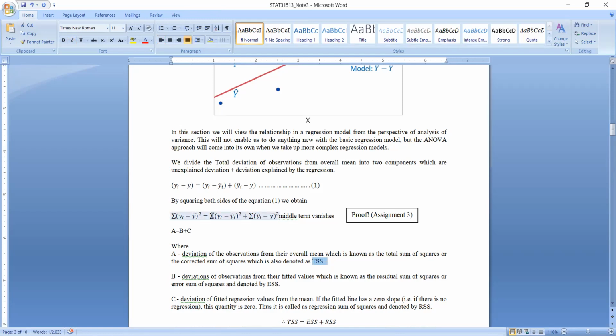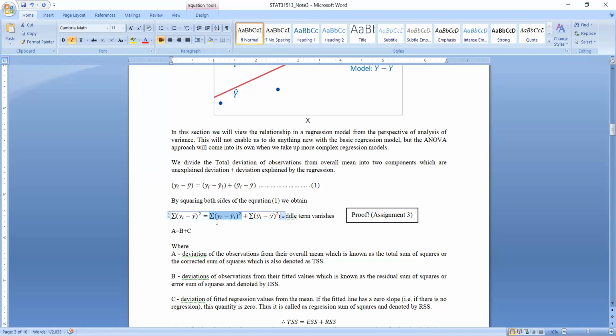And then if you look at your right hand side, what we have done here is we have taken every observation of your response variable, and we have taken the difference between it and the fitted value on our fitted regression line. This term we have actually discussed earlier.